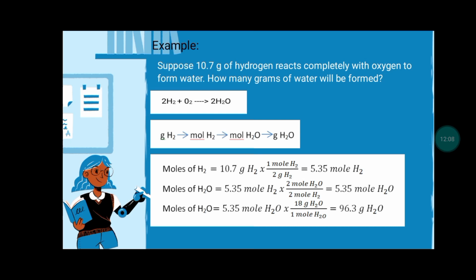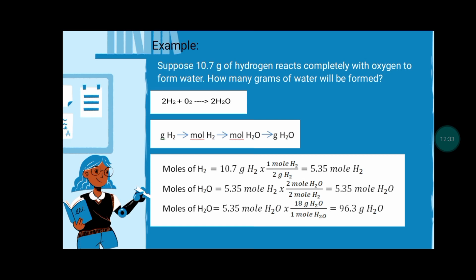Since there are 2 atoms of hydrogen here, 2 times 1, so 2 gram. This 2 gram is here because that is the molecular weight of our H2. So, we can get 5.35 mole of hydrogen.